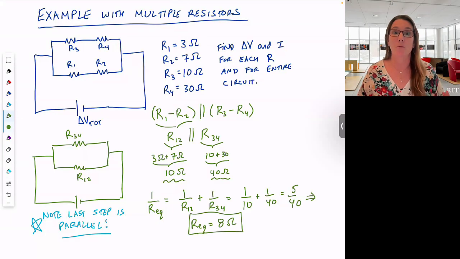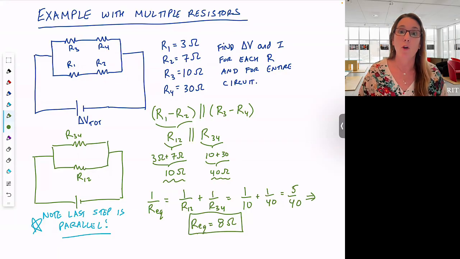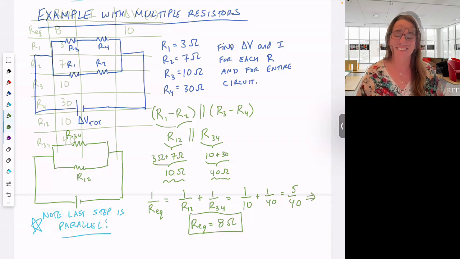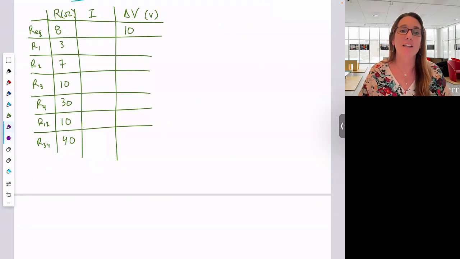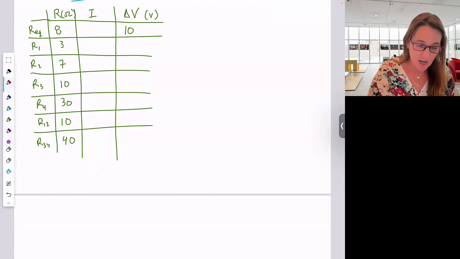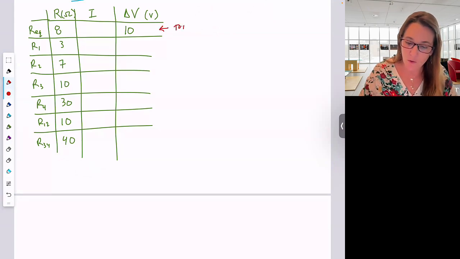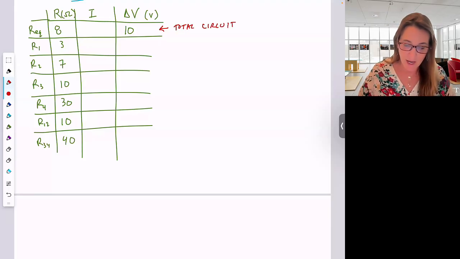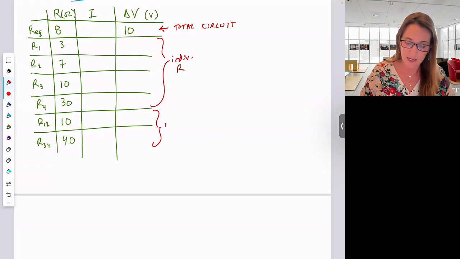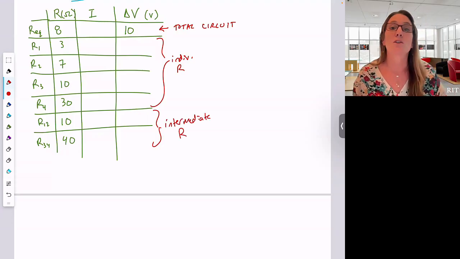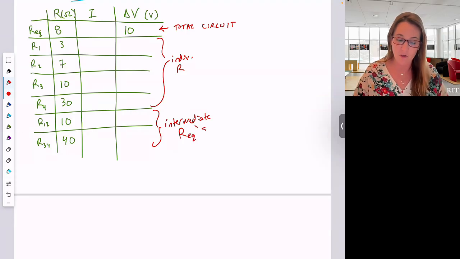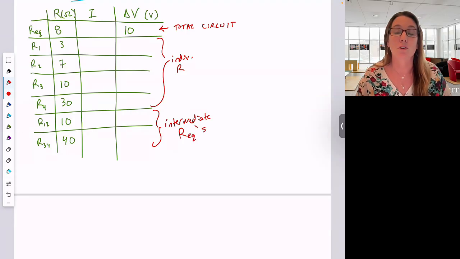So now I'm ready to make my table, because I have my equivalent resistance and can set up the table for this. Here's the table that I've set up. Just as with capacitors, the total circuit is on the top line, and then I have my individual resistors, and then my intermediate equivalent resistances, the intermediate REQs that are going to be used in this circuit.